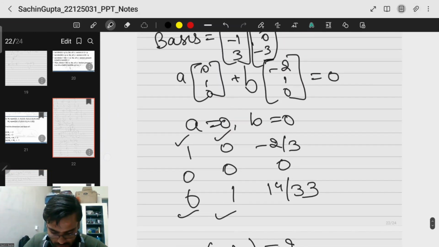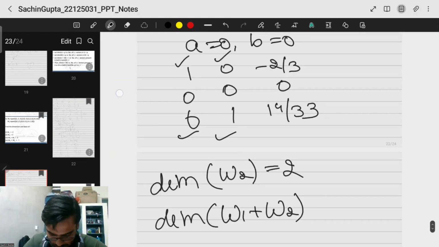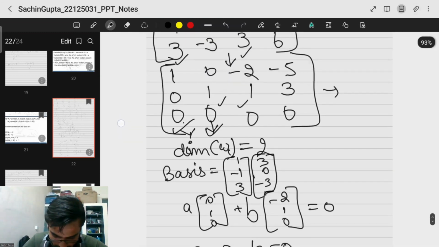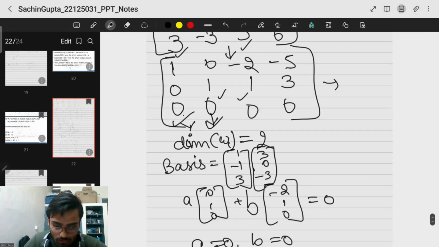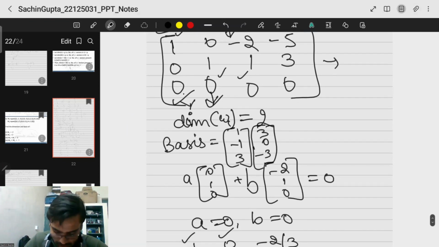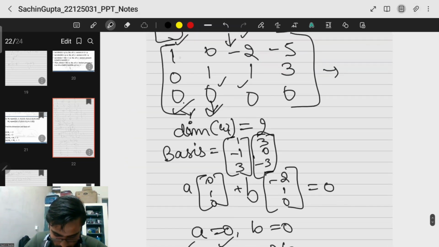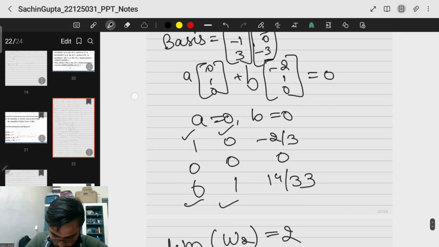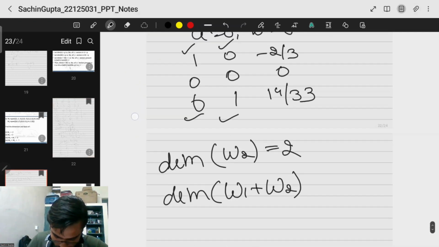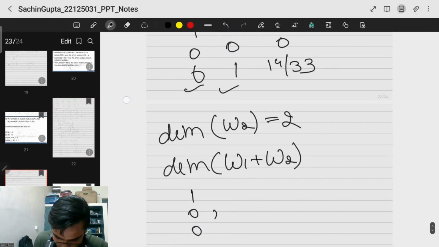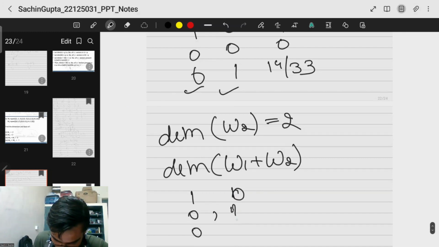Now for the dimension of W1 plus W2, we have two choices. We can find this using two methods. First method is we can just check how many linear independent vectors are common or present in at least one of W1 and W2. So 1 0 0 is present in first and second both. 0 1 0 is present also, and 0 0 1 is also present.